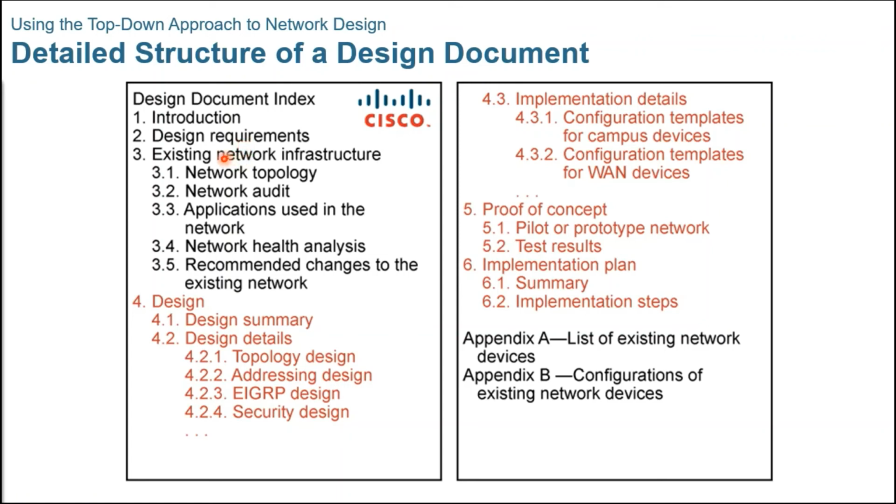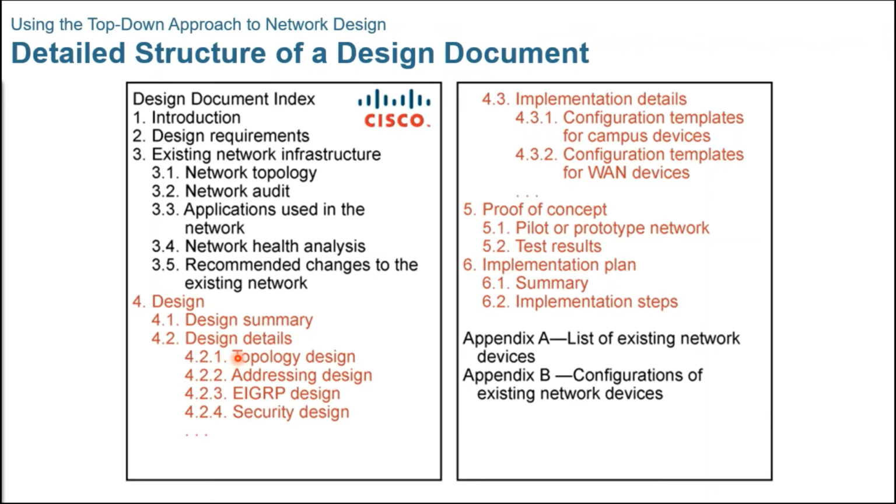Existing network infrastructure. This section is required only for a network redesign. The subsections document the results of the existing network characterization steps. You also have the design. This section is an essential part of the design document and identifies the design and implementation details.